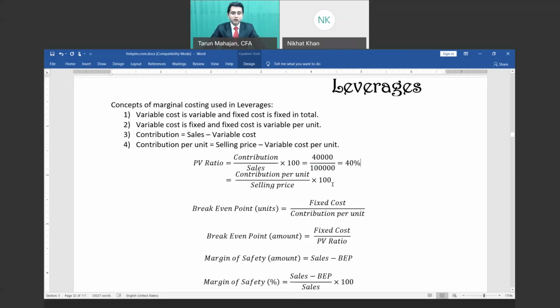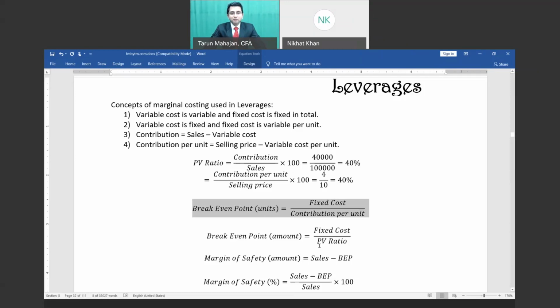This can also be done in per unit terms. Like contribution per unit is rupees 4, selling price per unit is rupees 10, multiplied by 100 is equal to 40%. Once you calculate the profit volume ratio, then the next thing is the break-even point.